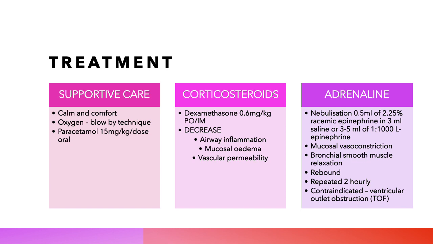Use of adrenaline is generally safe except for tachycardia, especially with multiple doses. Nebulized adrenaline is not recommended for home use because of possible rebound effects, and it is contraindicated in children with ventricular outlet obstruction, for example, tetralogy of Fallot.